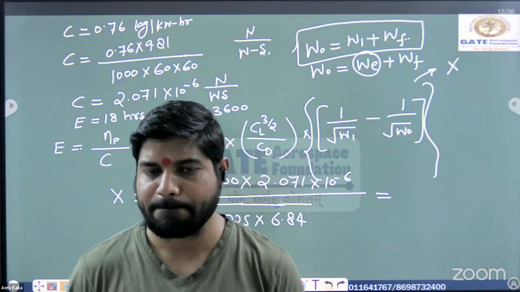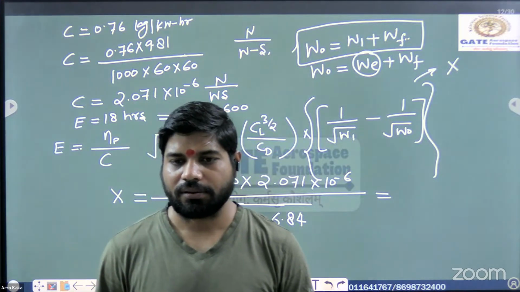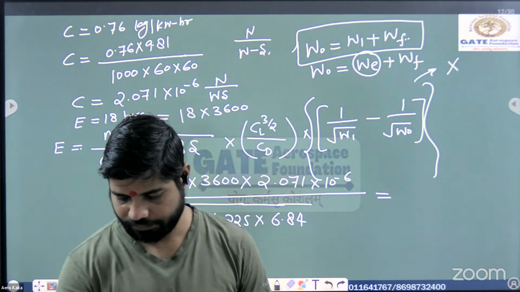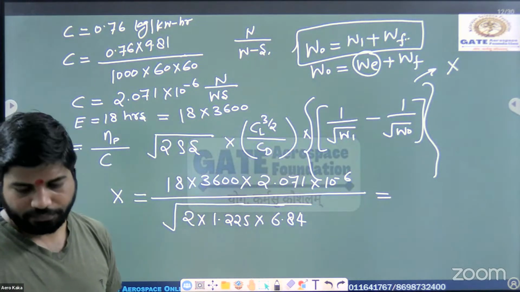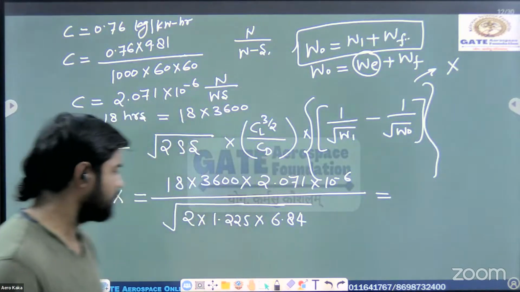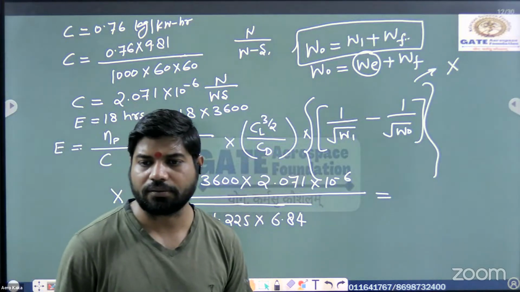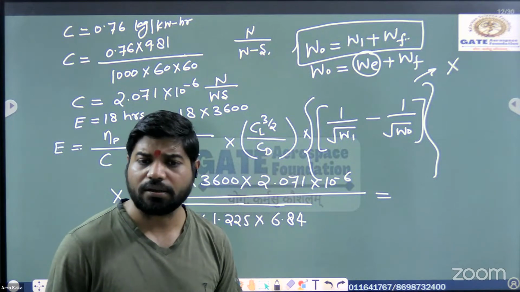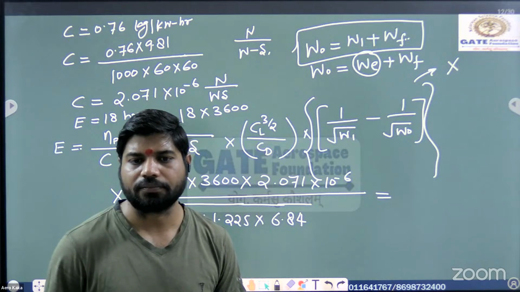Ria? Two point five two seven into 10 raised to minus 3. Okay, any other person? 0.03276. Wrong.